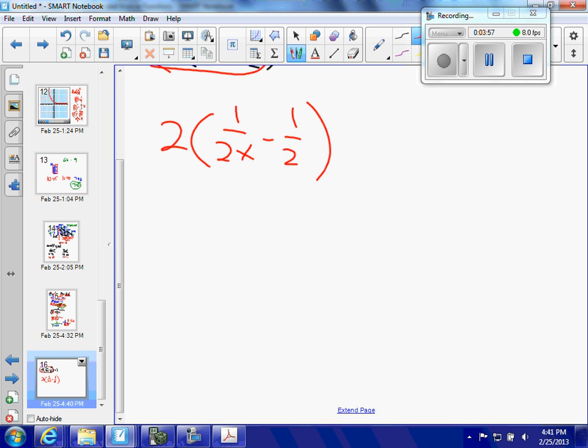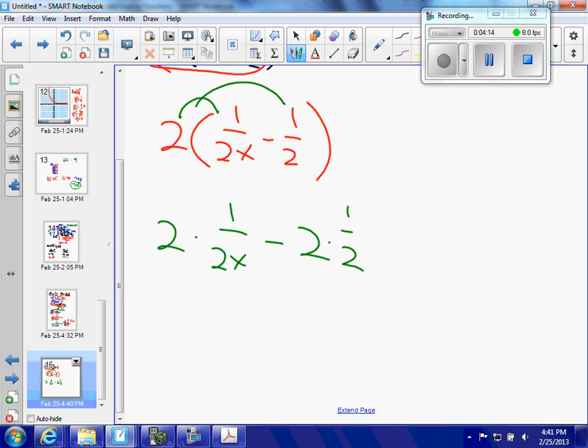Let's break it apart so we can see the algebra. Well, I have 2 times 1 over 2x minus 2 times 1/2. I just distributed my 2 to those two places. I think everyone's pretty clear that 2 times 1/2 is 1. So that wasn't the problem. The problem was right in here.